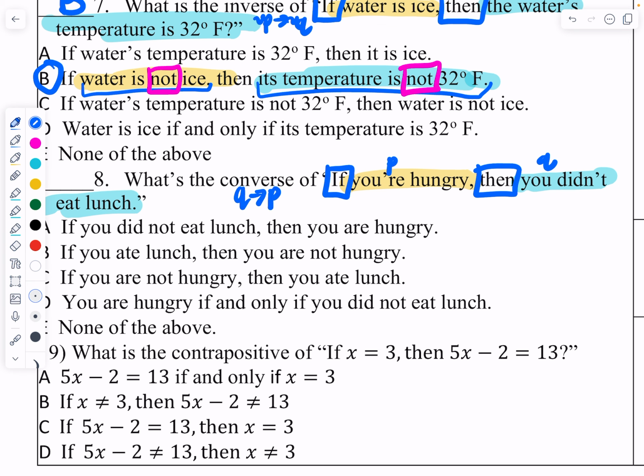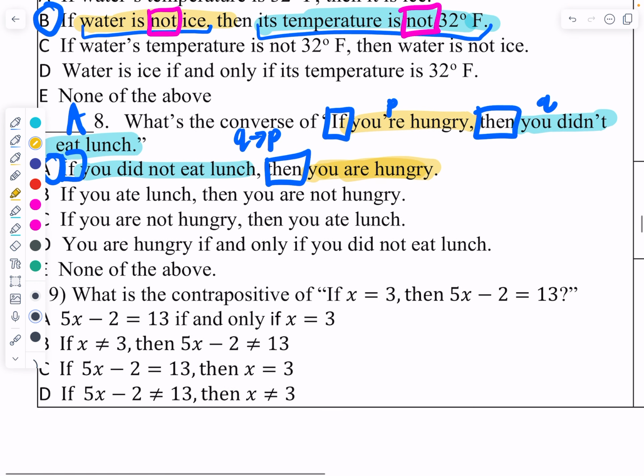So if you didn't eat lunch, then you are hungry. That is going to be A, because that is my if blue, then yellow.